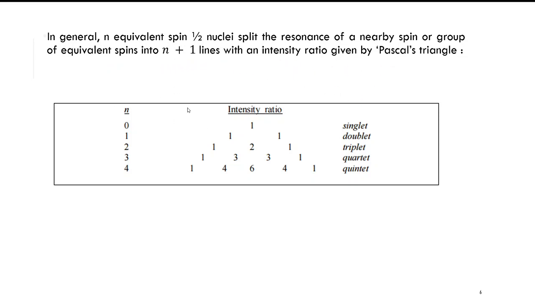If there's no neighbor, you will see only a singlet. If there's one neighbor, you see a doublet, if there are 2 neighbors, you see a triplet, and if there are 3 neighbors, you see the quartet, and so on and so forth.